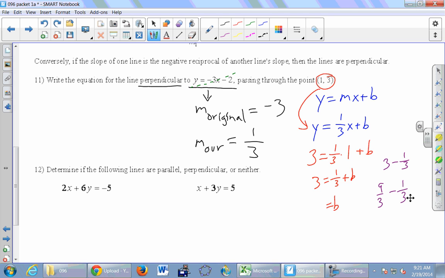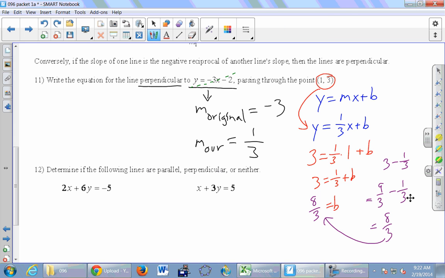Okay, so how many thirds do we have here? 8/3. So that's called an improper fraction, and it's far more useful in terms of doing something with it than a mixed number.